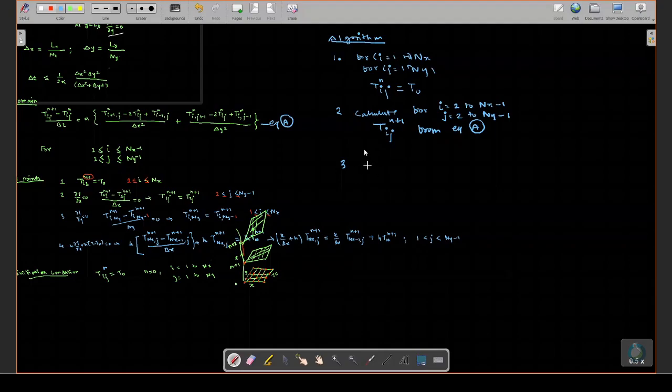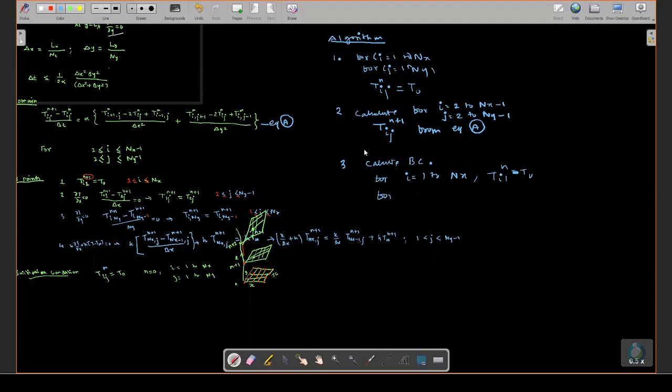Okay, so here now boundary conditions. So calculate boundary conditions. First BC, you can calculate for i equals 1 to nx, T(i,1)^n equals T naught. This is one boundary condition.